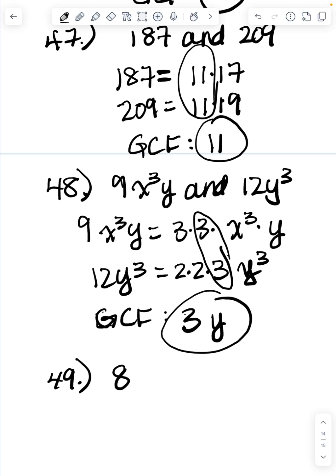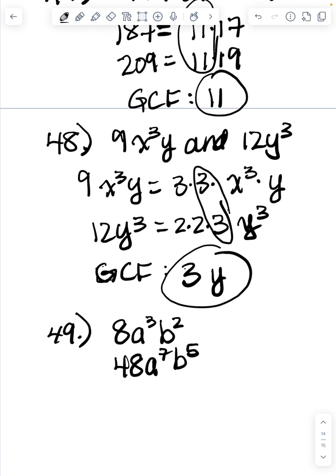we have 8a cubed b squared. We have 48 a to the 7th, b to the 5th. 8 is 2 times 2 times 2.